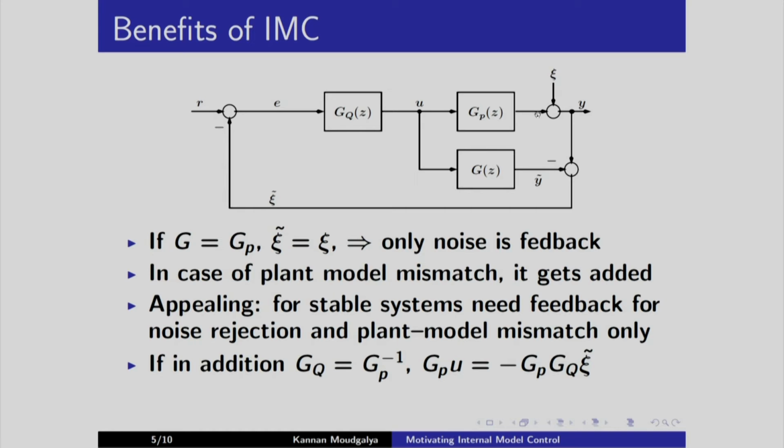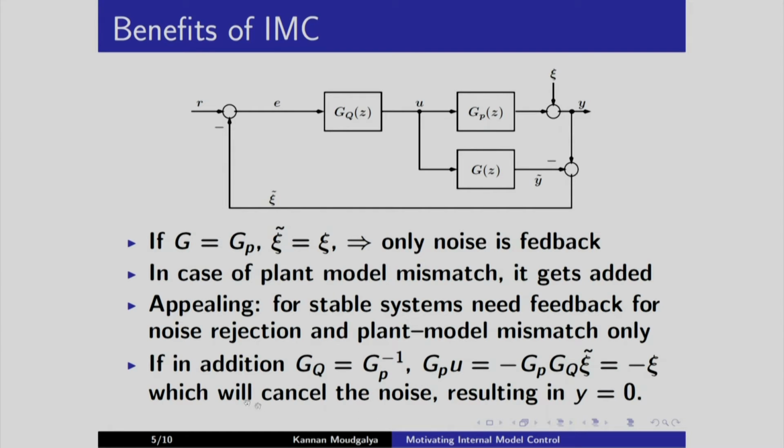So we are comparing the signals here and this is nothing but minus C because GP GQ is identity and you have C, which will cancel the noise resulting in Y equal to 0. So you get minus C here and there is C here and that will cancel.